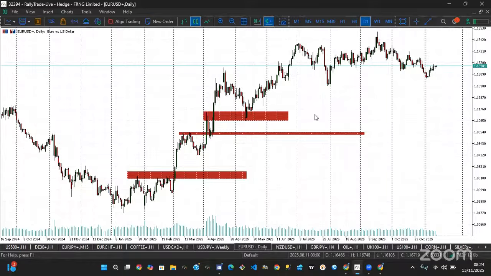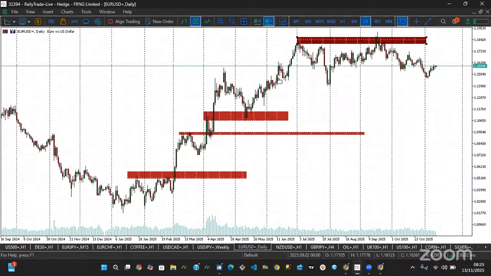So if you look at it on the daily, you notice that price of the euro dollar has been rising consistently. Then after getting to a particular level, it started to range. So from this high, price has been ranging. It attempted to break above this high once and it couldn't.